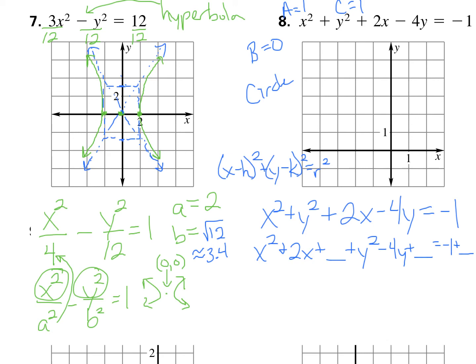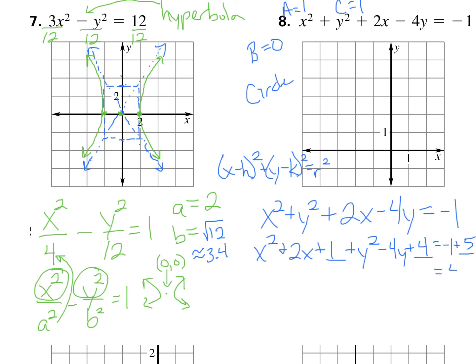So over here completing the square, well, b is 2. 2 divided by 2 is 1, and 1 squared is 1, completing the square. And for my y term, negative 4 divided by 2 is negative 2. Negative 2 squared is 4, completing the square there. And so I added 1 and 4 to the left-hand side, which means that I have to add a total of 5 to the right-hand side.